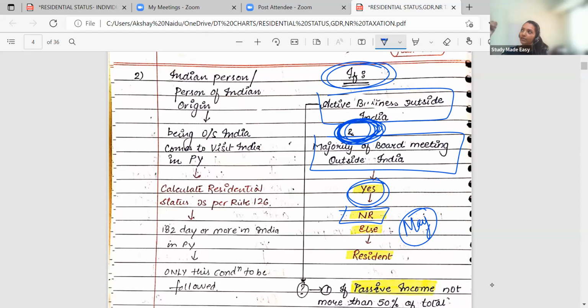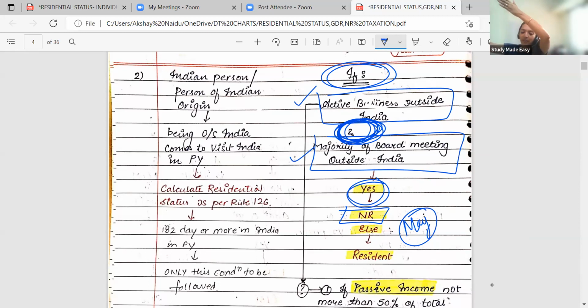So if active business is outside India, if I talk about the very normal meaning of active business, it means all the active business is taking place outside India, all the transactions outside India, everything outside India. So if active business is outside India and majority of the board meetings, why board meeting? In board meeting only the strategies are decided. Board is the one who decides the strategy.